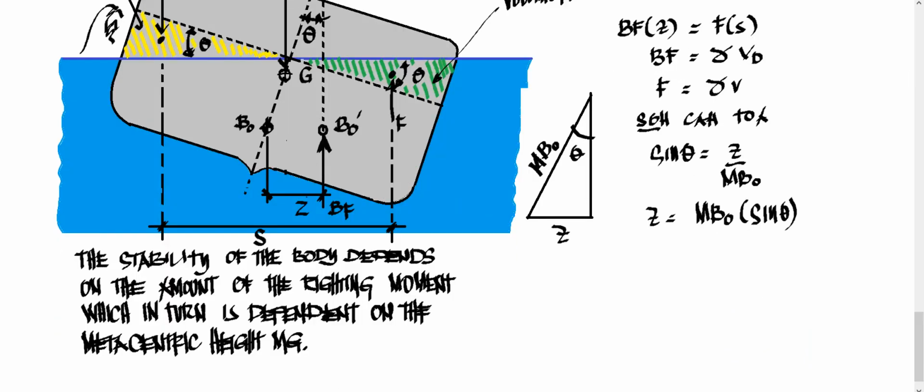Now substituting this value to the equation, continuing this equation, we have the value of buoyant force, which is your specific weight times the volume displaced, then multiplied by the value of Z, which is MB_O times the sine of theta.